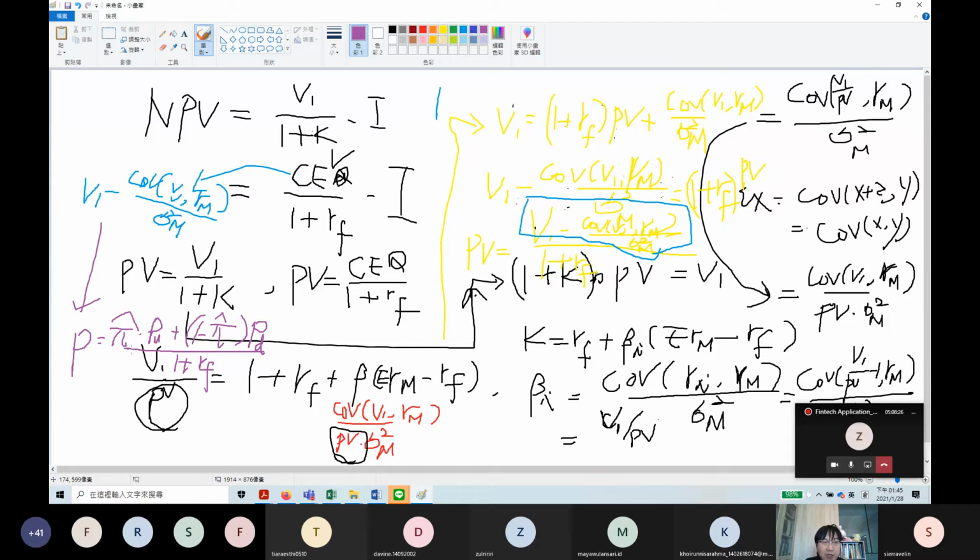I told you what you have to remember: they are not all the same. So there are 5 models in finance, and they are very important to evaluate asset value. Any questions?